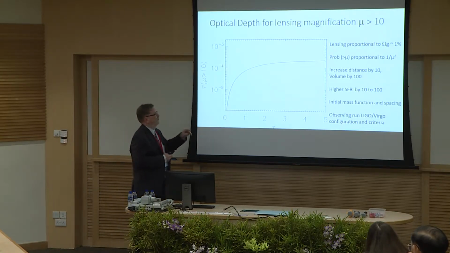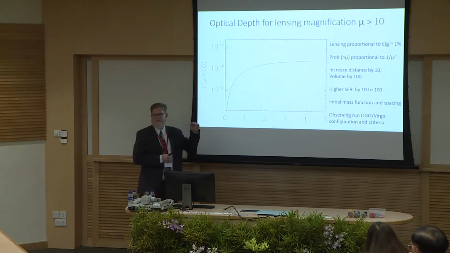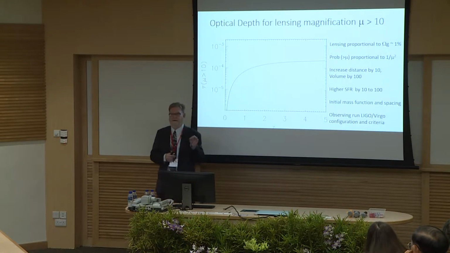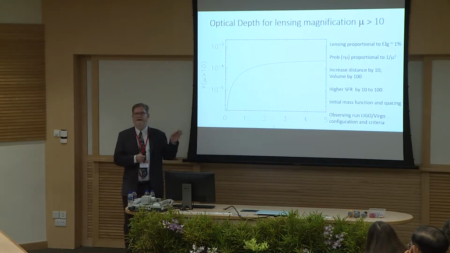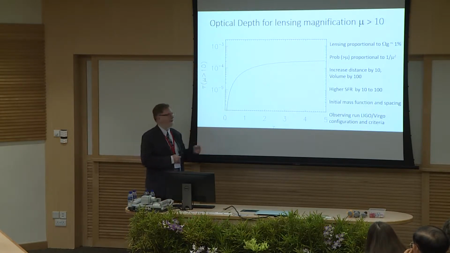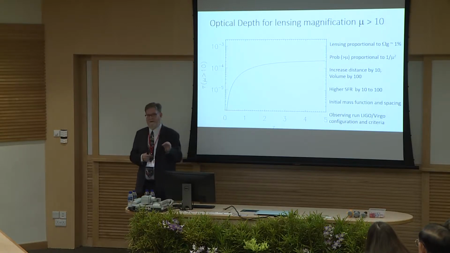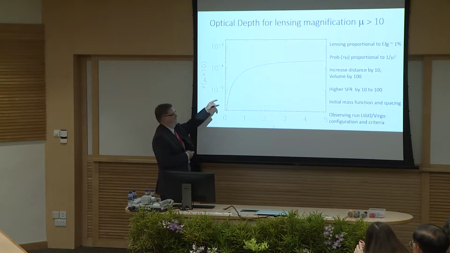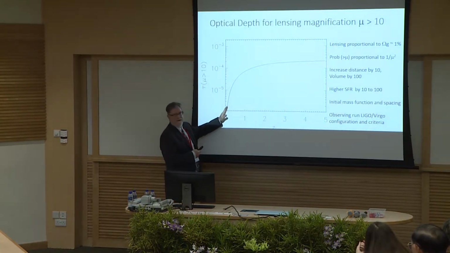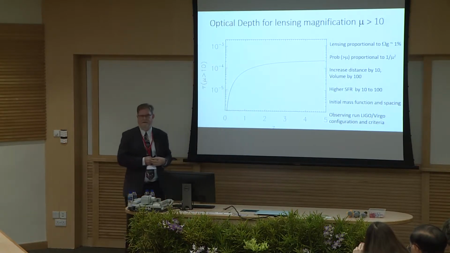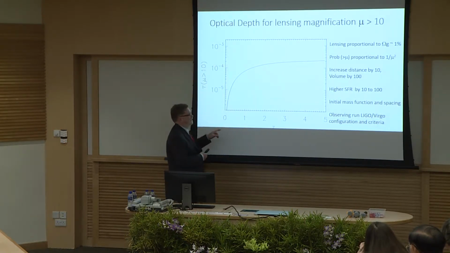Lensing of any element in the universe is proportional to its omega; in the case of galaxies, that's roughly 1%. And the probability of lensing greater than magnification mu is essentially 1 over mu squared. That gives you 10 to the minus 4, but only at cosmological distances, when you're scaling across a lot of the mass of the universe.